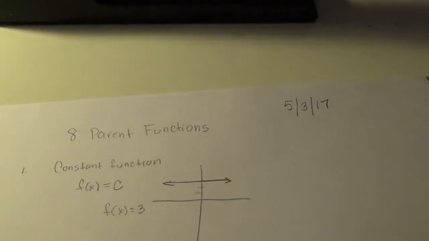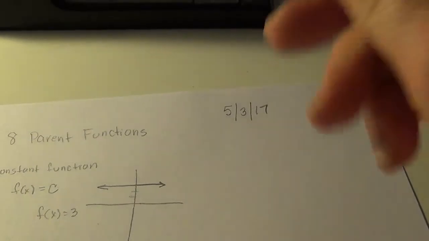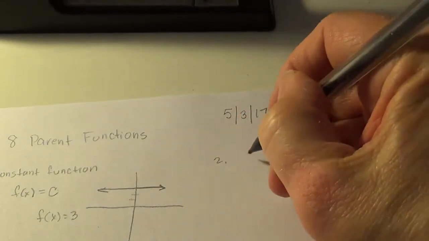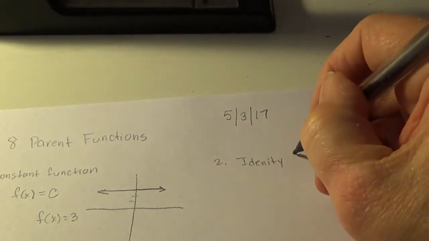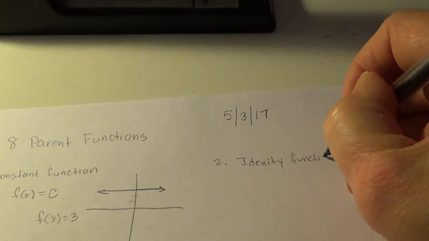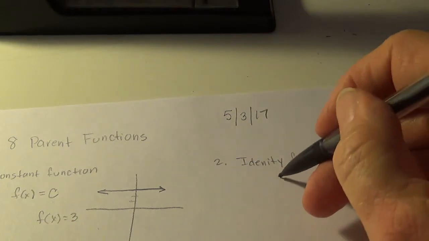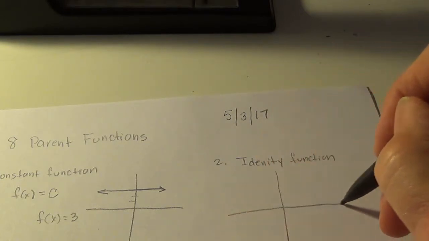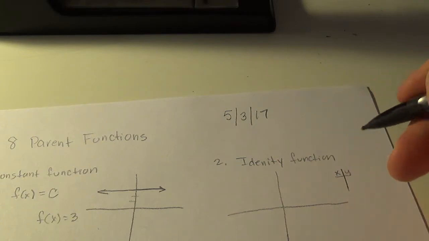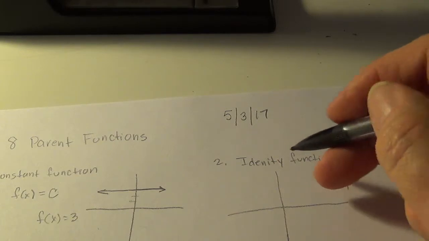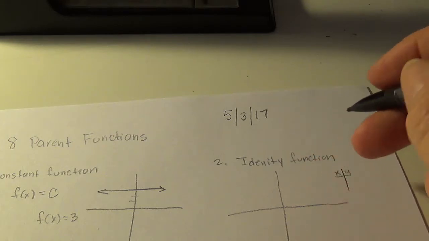The second one is going to be called the identity function. And it's called that because when you do a Sissy chart, the x and the y are identical, identity functions.